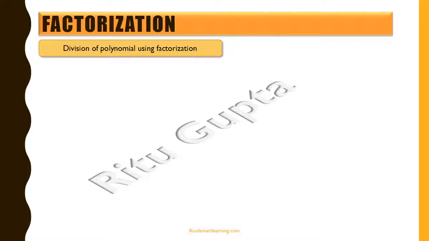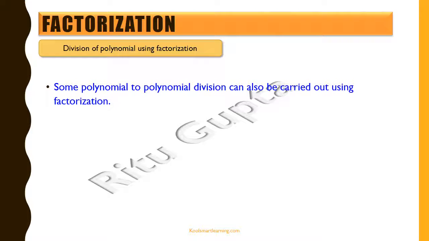Now let's talk about the division of polynomial using factorization. So these are the different methods that we use for factorization. Division of polynomial using factorization is one of the usages of factorization. Some polynomial to polynomial division can also be carried out using factorization.